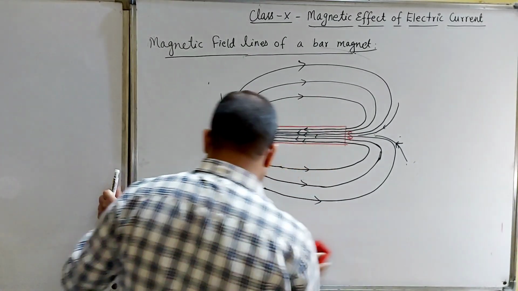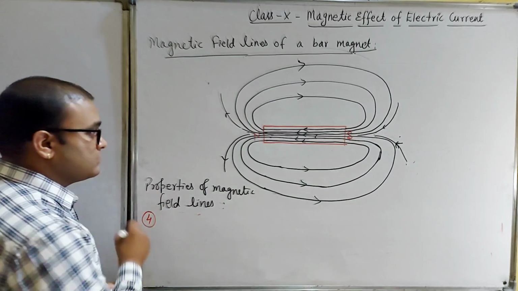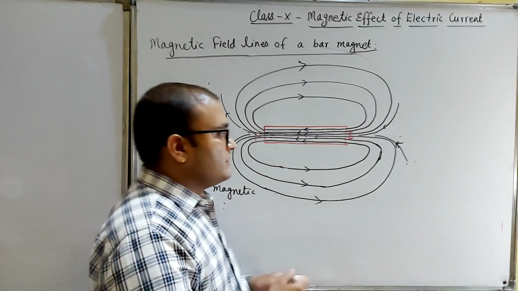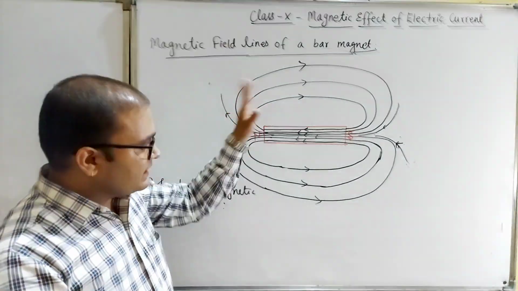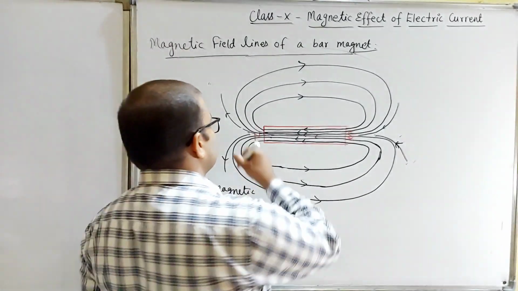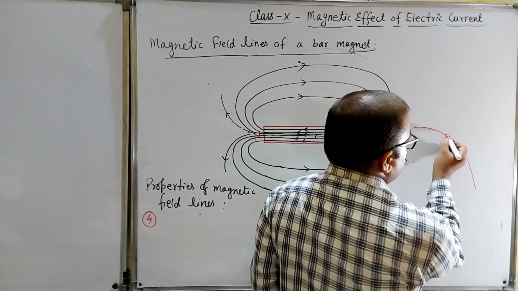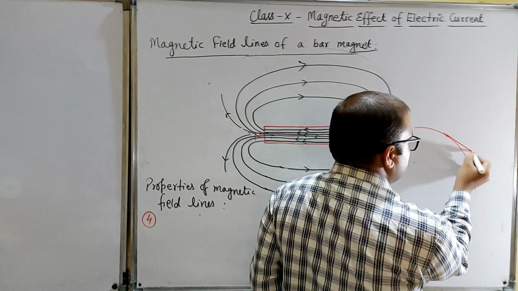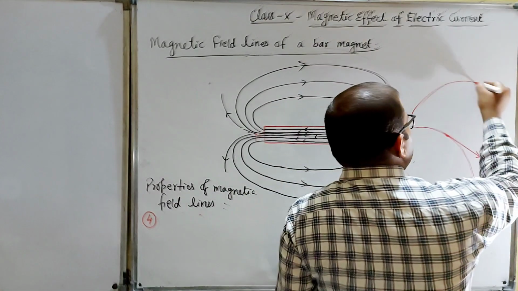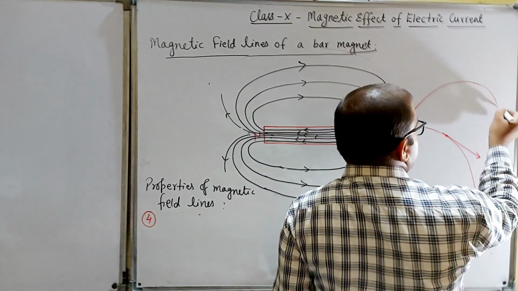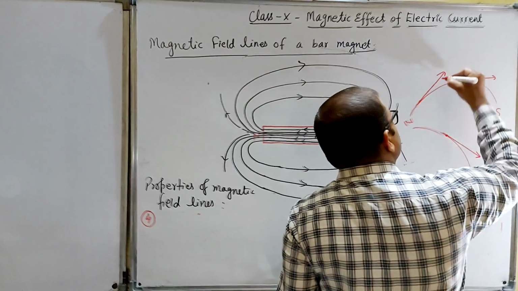Now see a very important property I am telling you, number 4. If we draw any tangent on the magnetic field lines, suppose this is a curved line, then the tangent at this point will be a straight line like this. Suppose this is the north and this is the south pole. The tangent at this point will be like this.